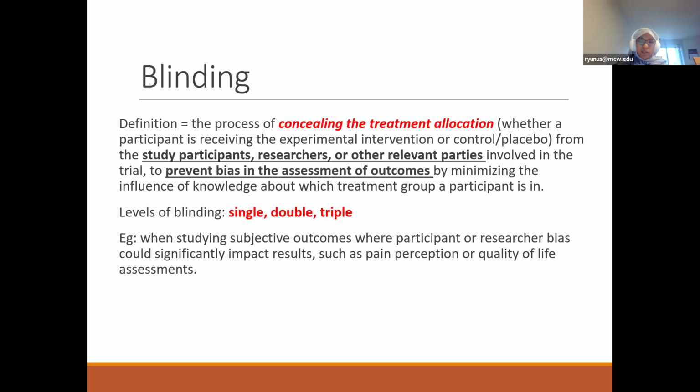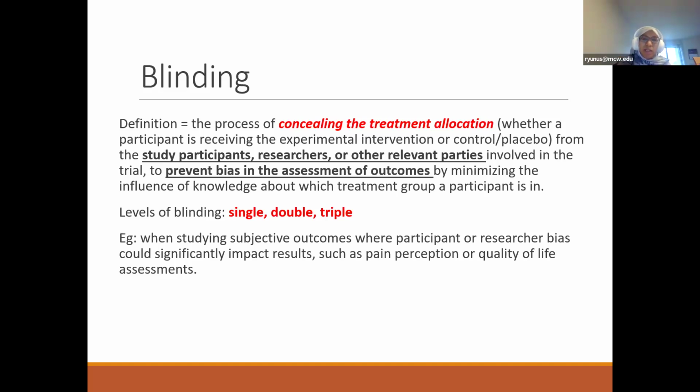Because as human beings, we have the tendency to assess someone differently when we know that that person has a certain exposure, right? And it happens more often when the assessment is something subjective and not objective.